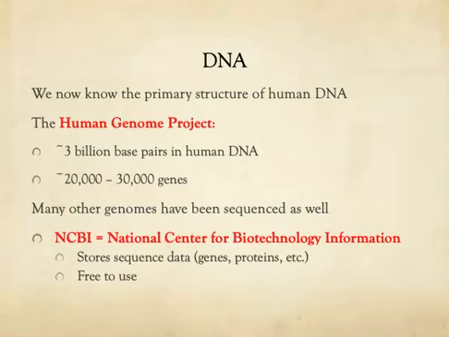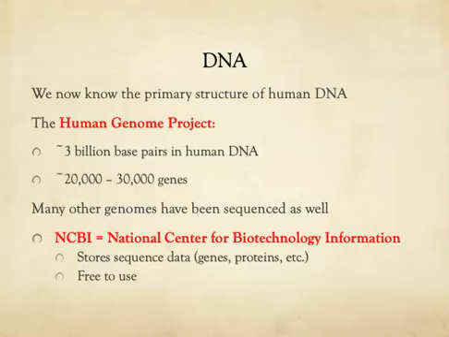Many other genomes have also been sequenced. In other words, we know the primary structure of many other organisms' genomes. We have a public database of all this genome sequence called the NCBI, the National Center for Biotechnology Information.